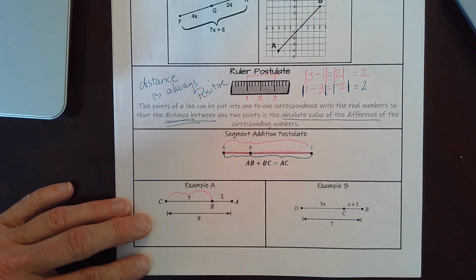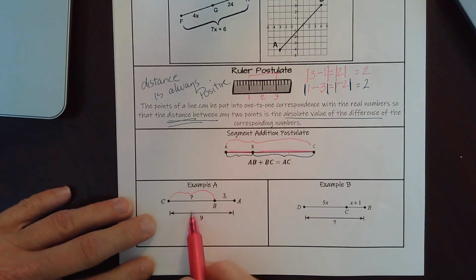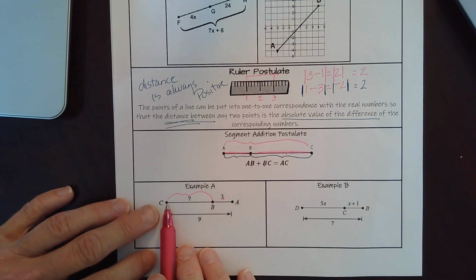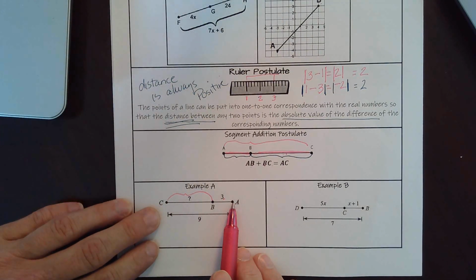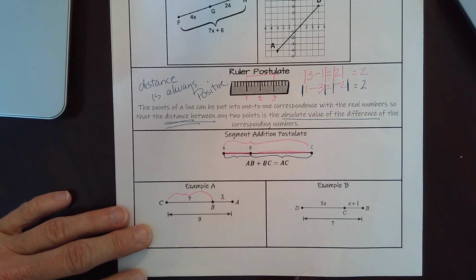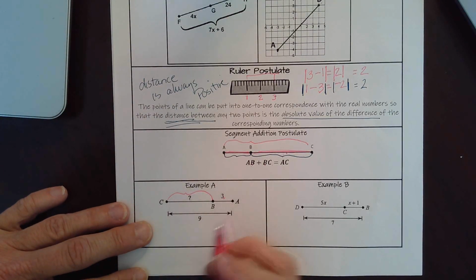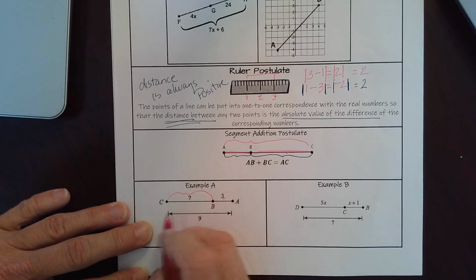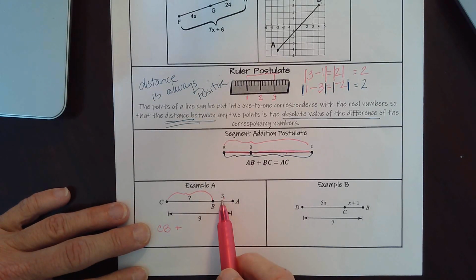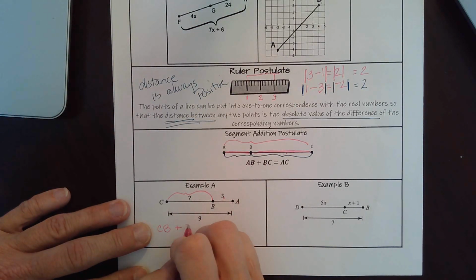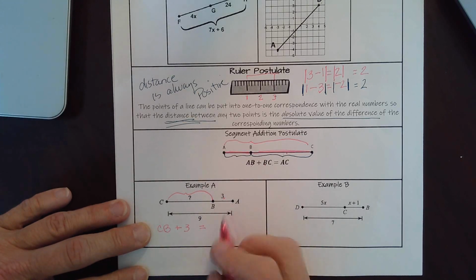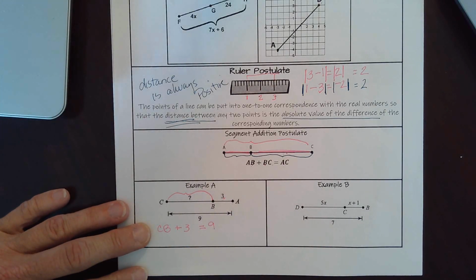And the other piece of information that we know is that the entire segment C to A is 9. So if I wanted to create an equation, we'll call this segment CB. If we take the segment CB and we add 3, we know that all of that together should equal 9.